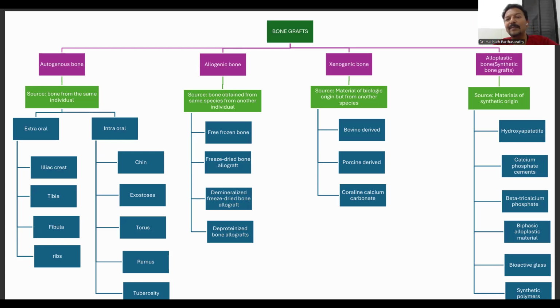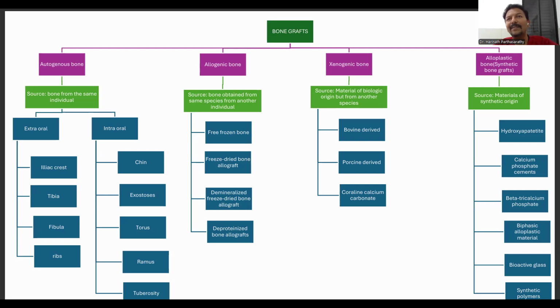If you see the mechanism of bone formation using xenogenic bone, the predominant mechanism will be osteoconduction, where these bone graft materials don't have any active molecules, unlike the BMPs present in allografts or the viable osteoblast cells present in autogenous bone.